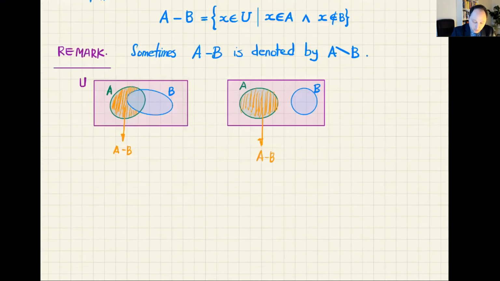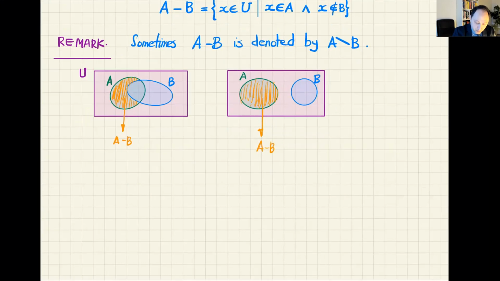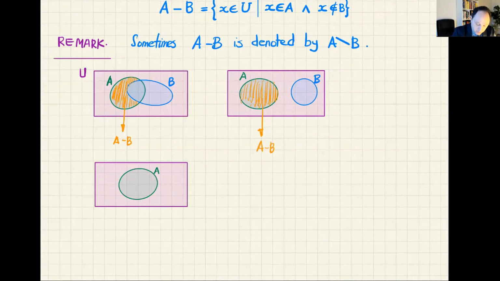Or, for example, if I consider this situation, what will happen? Assume that I have this set A, and then another set that I have is completely inside this, for example, this one. And then what is A minus B?